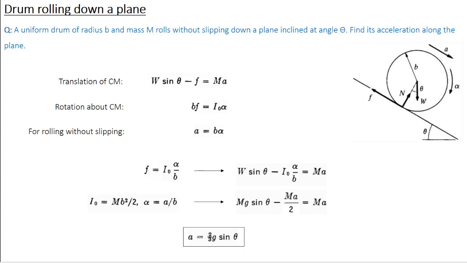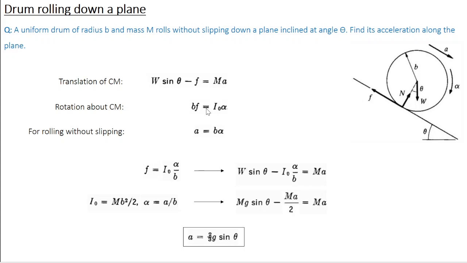Since b is the radius and F is the frictional force, the torque is the cross product of radius and this force, b cross F. Since these two are perpendicular, the cross product is replaced by a normal product of the magnitudes, so this is bF.